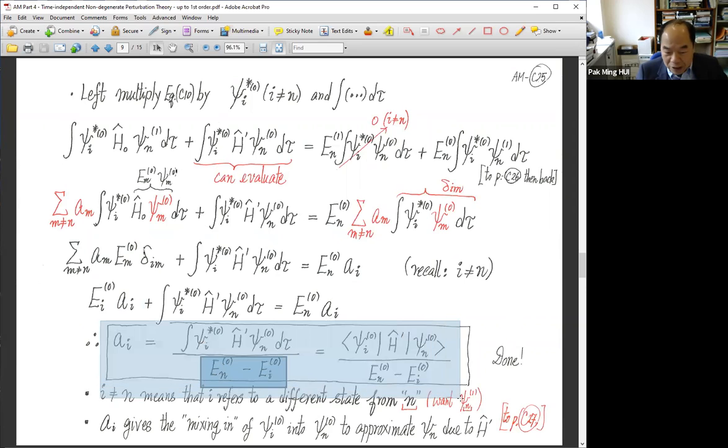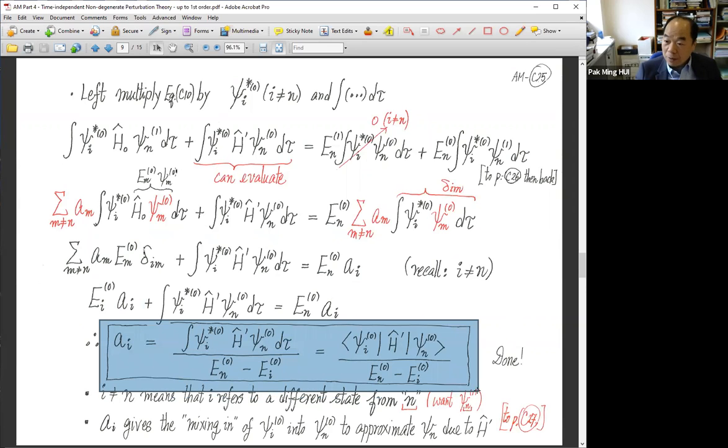The coefficient that we are looking for is very simple. Now, first of all, it's just a coefficient, a number. It should have no units. So look at the numerator. It is H prime in the middle, the perturbation, telling us how much H prime can mix in some other state, the ith one, with n.